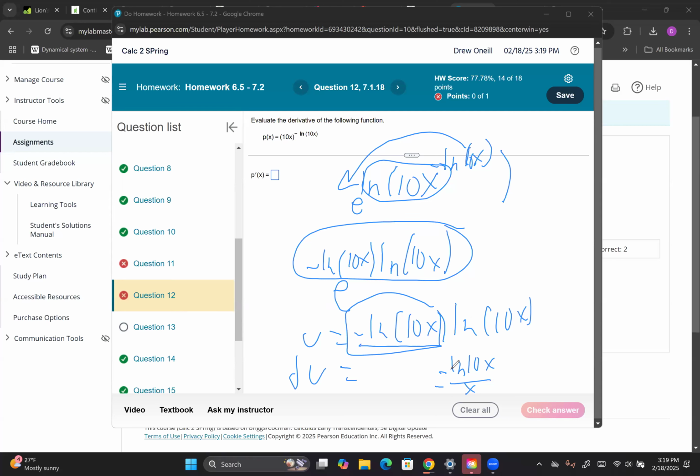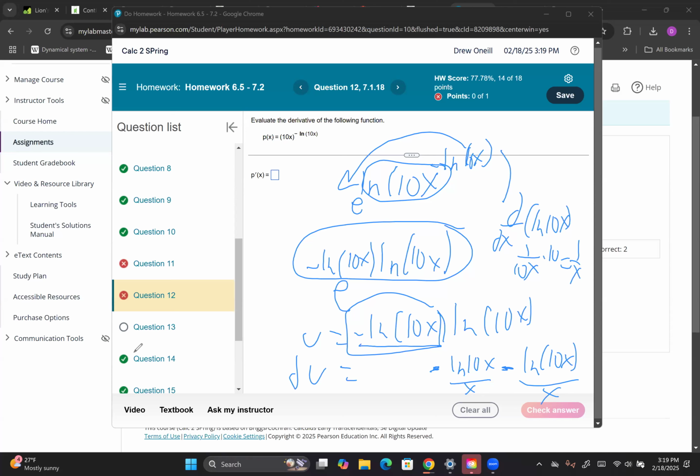Let's make sure we have a minus sign here too. Minus the derivative of this, which is 1 over 10x times x. So it's just 1 over x. So let's just write that. Right? You take the derivative of that guy, you get 1 over 10x times the derivative of 10x, which is 10. So it's 1 over x. So it's 1 over x times this function, so it's negative ln 10x over x. Now I'm going to leave it like that.